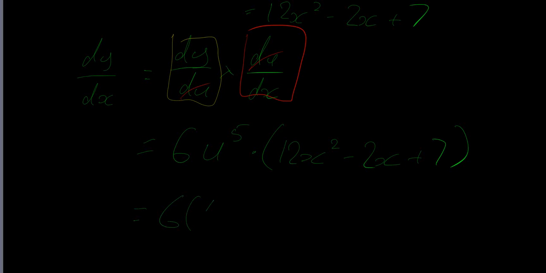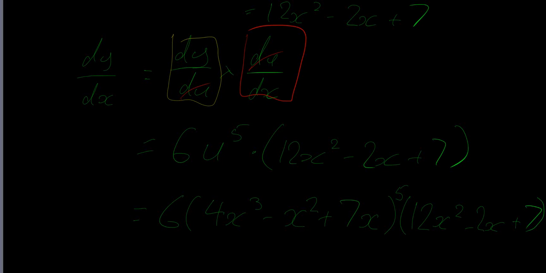So we have 6 times 4x cubed minus x squared plus 7x, sorry, it's power 5 here. Remember, it's u to the power 5. And the bracket over here is going to be 12x squared minus 2x plus 7.